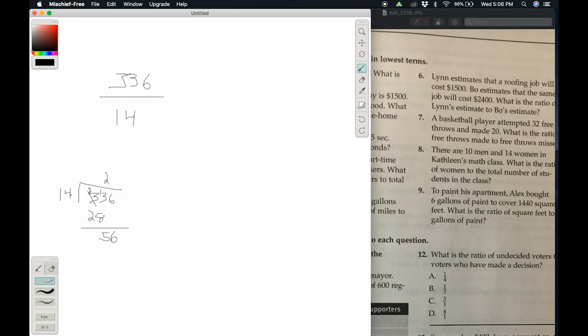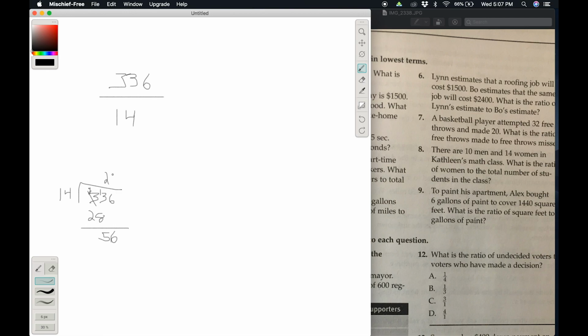So does 14 go into 56? It does. Let's see. 2 times 14 is 28. Another 14, 42. Then the next one would be 56.